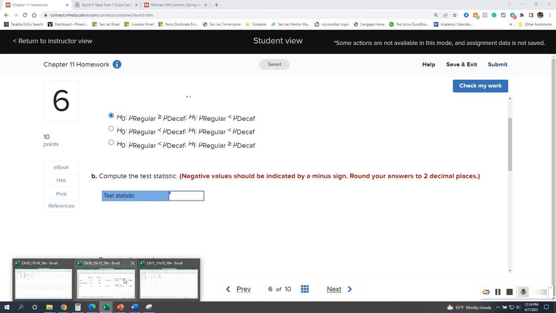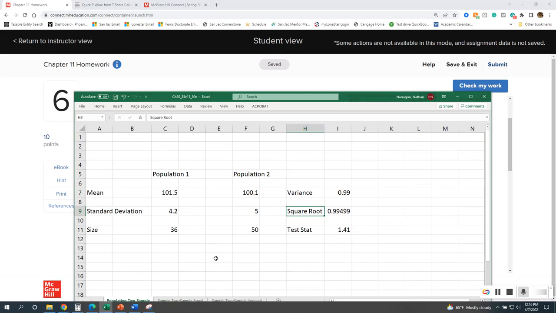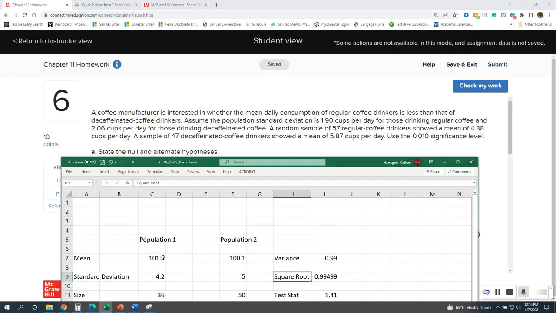So, in our little Excel calculator that we have created, we know we have a population standard deviation.